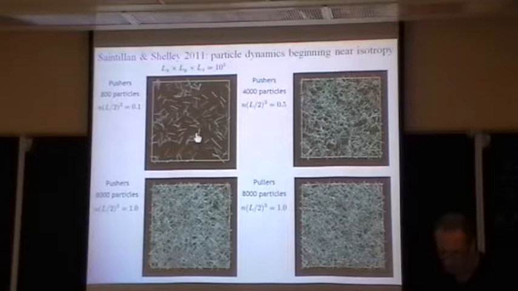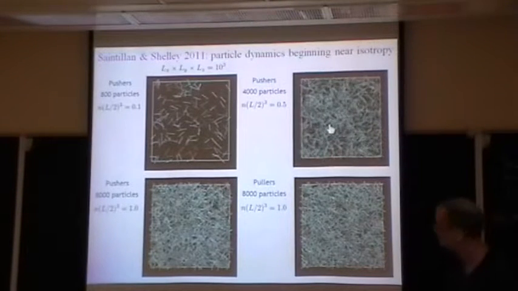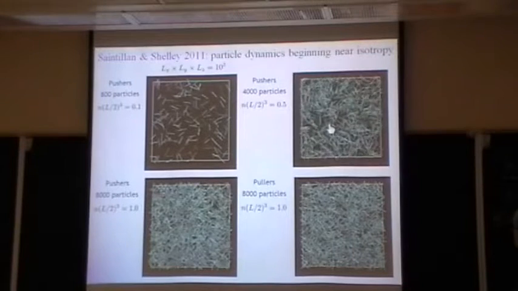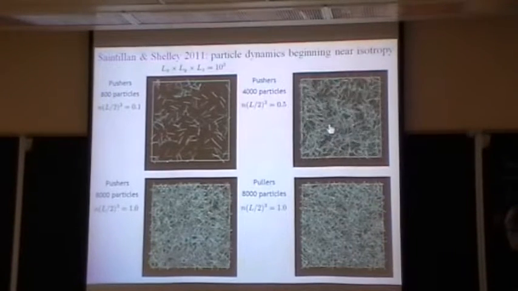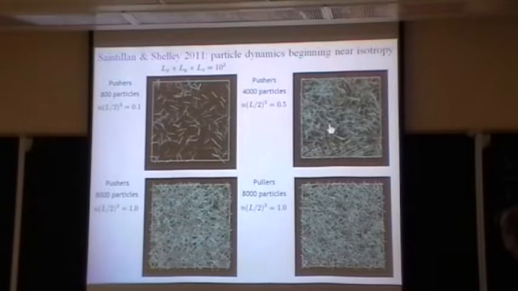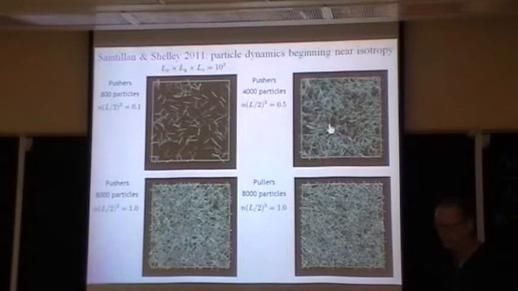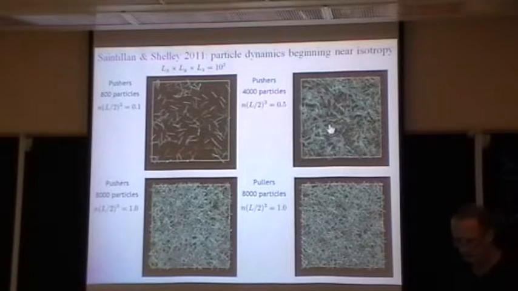Okay, so then you up it to 0.5, and you start to see something that looks a little more correlated, maybe. You see some areas of more clarified fluid relative to some concentrations.